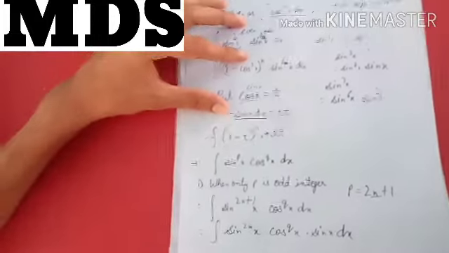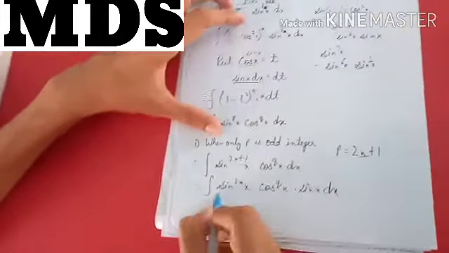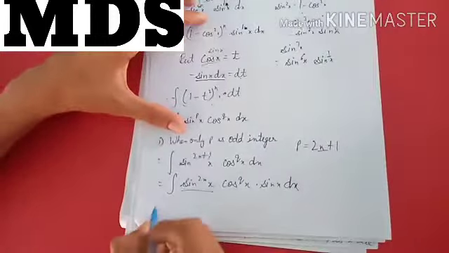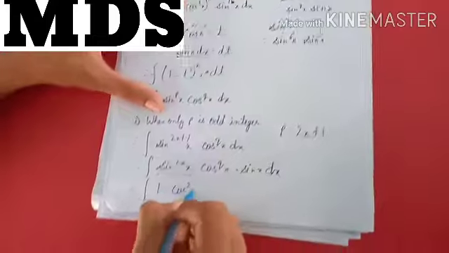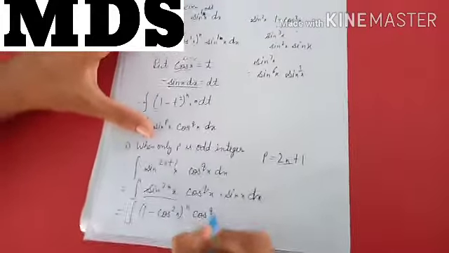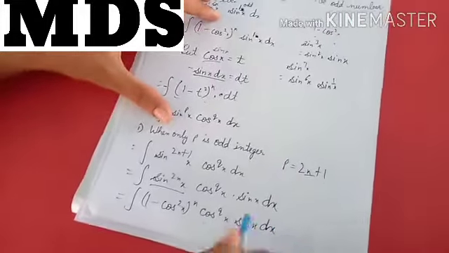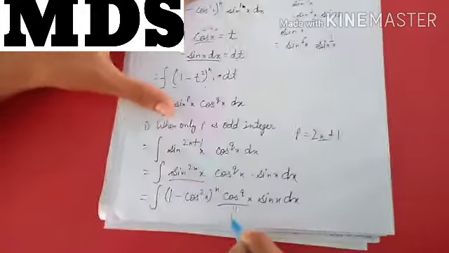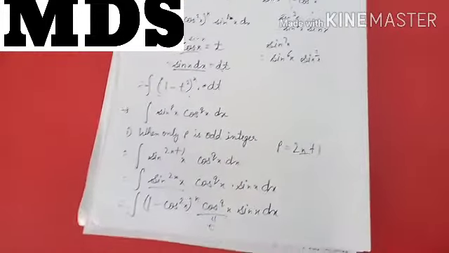This will be of this form. Okay, then again we will transform this into cos. What we will get is (1 minus cos square x) raised to power n into cos^q x into sin x dx. Again we will put cos as t, and then we will get our simple result, and then we can solve.